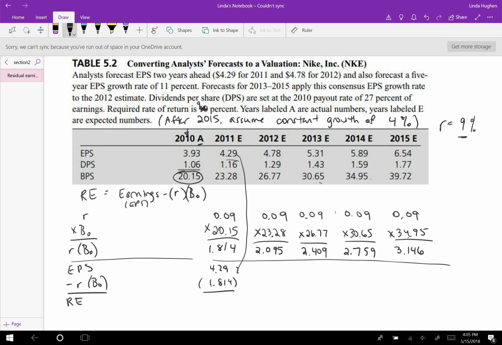So if I take 4.29 minus 1.814, residual earnings in 2011 is 2.476.